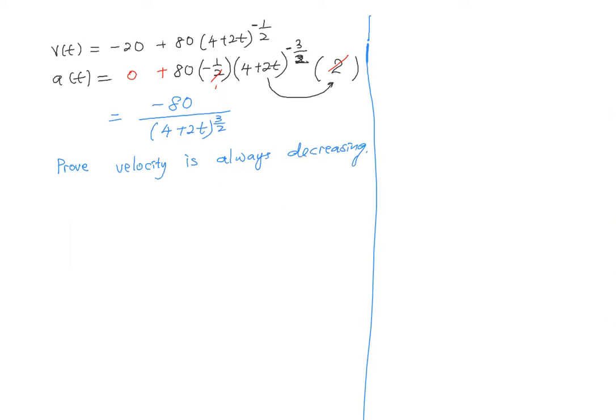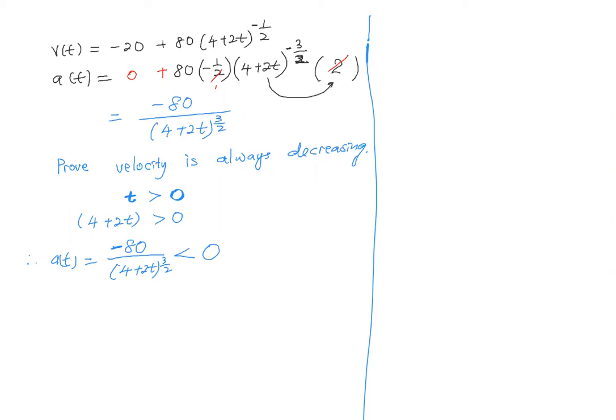So I will do like that. t greater than 0. So the next term I have to write, 4 plus 2t, will also be greater than 0. Correct? So therefore, my a(t), which is a negative number divided by a positive number, will be less than 0.